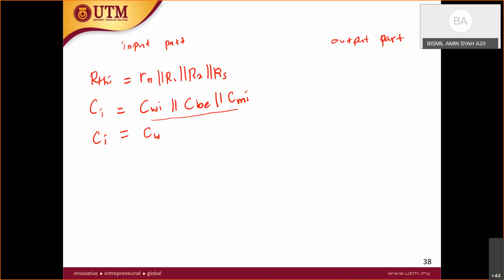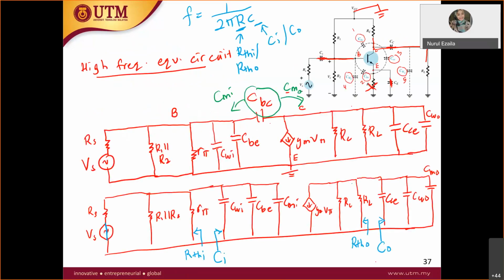So you have C in equal to CW in plus CBE plus CMI. This is the total resistor and total capacitance at the input. Not finished yet. How about at the output? What is the total resistance at the output, students?